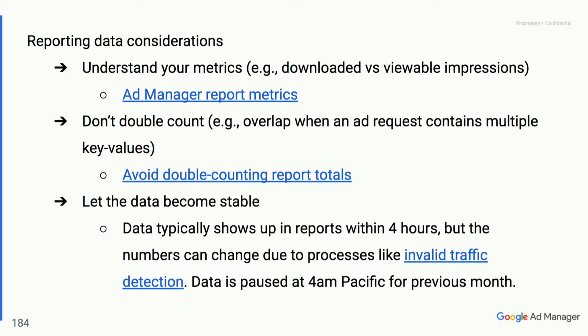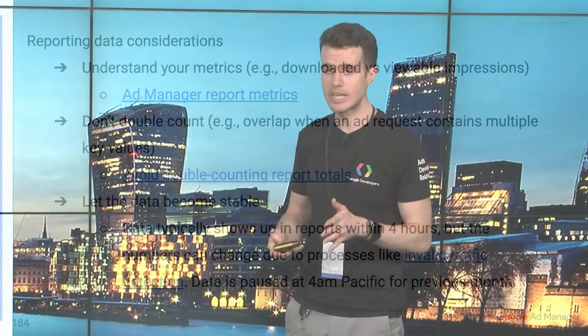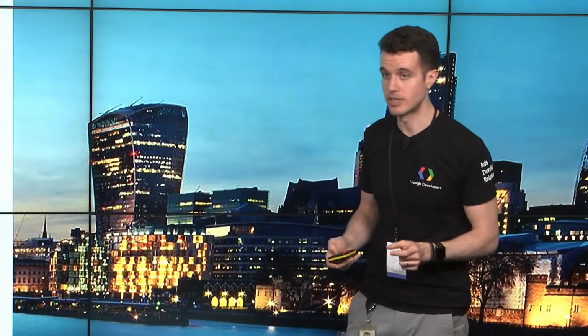Reporting data typically is available after 4 hours, but then it's still subject to these adjustments. If you wait until 4 a.m. Pacific time, California Pacific time, then the data for the previous month is frozen. Again, it's typical that these changes are not very large, but if you're sensitive to very specific changes, then you might want to double check your data.